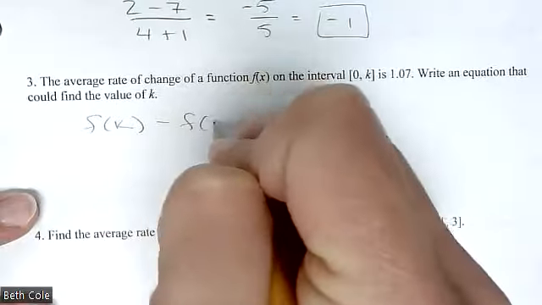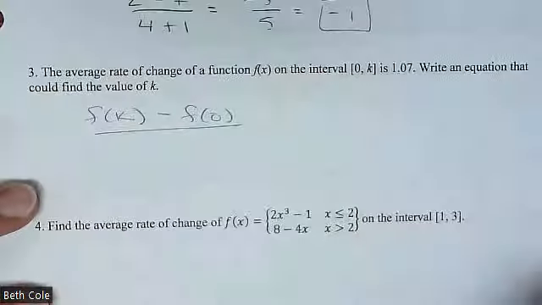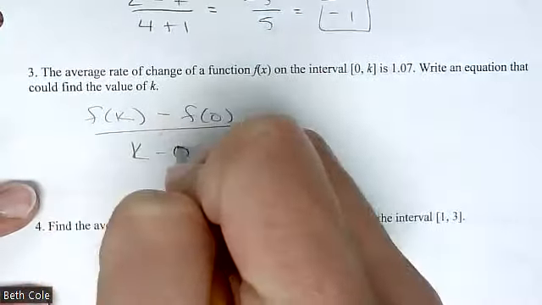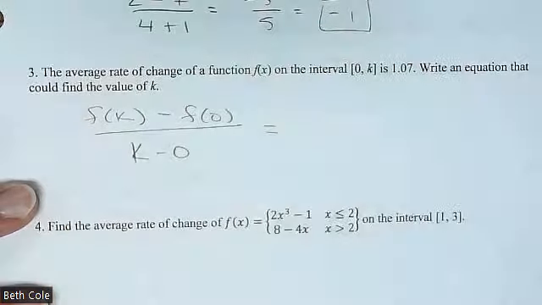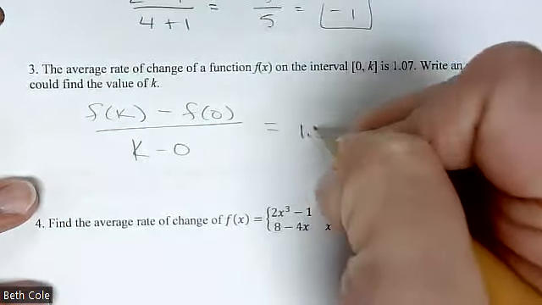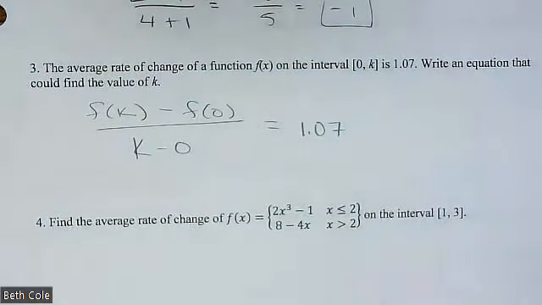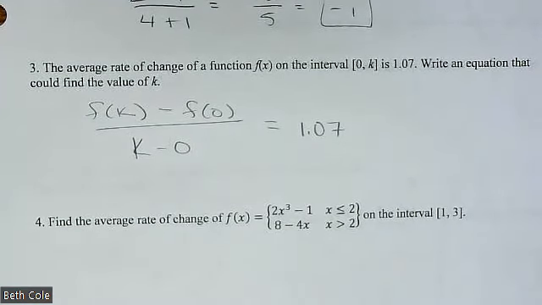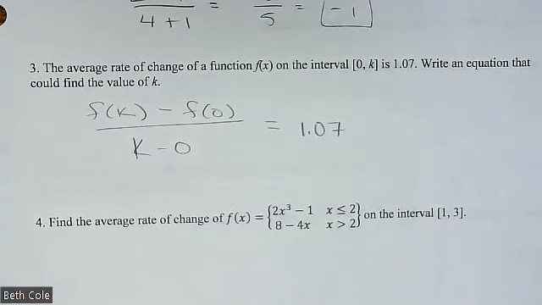F of 0, good, over k minus 0. And then we're just going to say that equals 1.07. And that in its entirety is the answer. It was just the setup. Yeah, that's all that is. But that's hard because it looks weird. And it's like there's no numbers except 0.